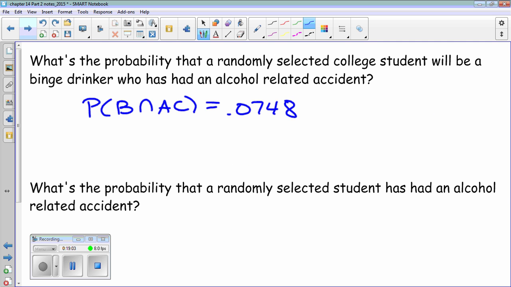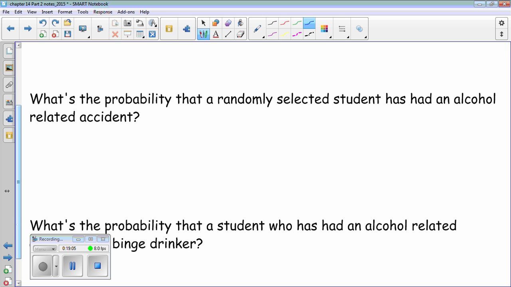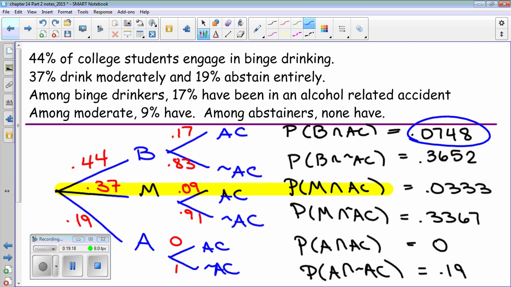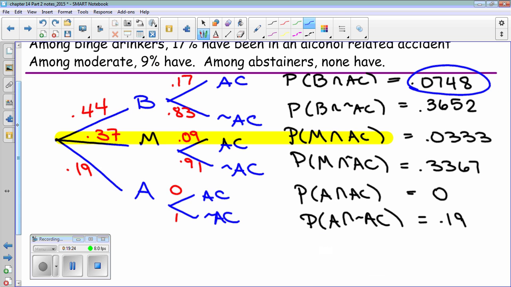All right, how about number 2? What's the probability that a randomly selected student has had an alcohol-related accident? So we want the probability of accident. How do I find that? I've got to add up all the accident ones. So which ones are the accident ones? All the ones that I am circling. Would you agree?